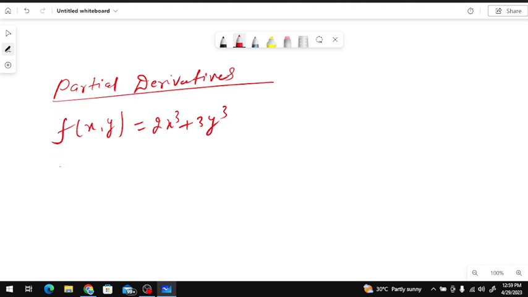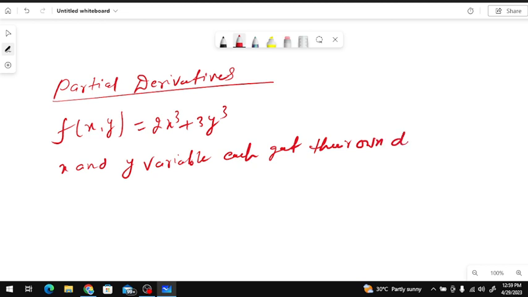So x and y variables each get their own derivative. Similarly s and t, when we take others here, each gets its own derivative. For one you can write dy dx, and for another we can write dy dy.